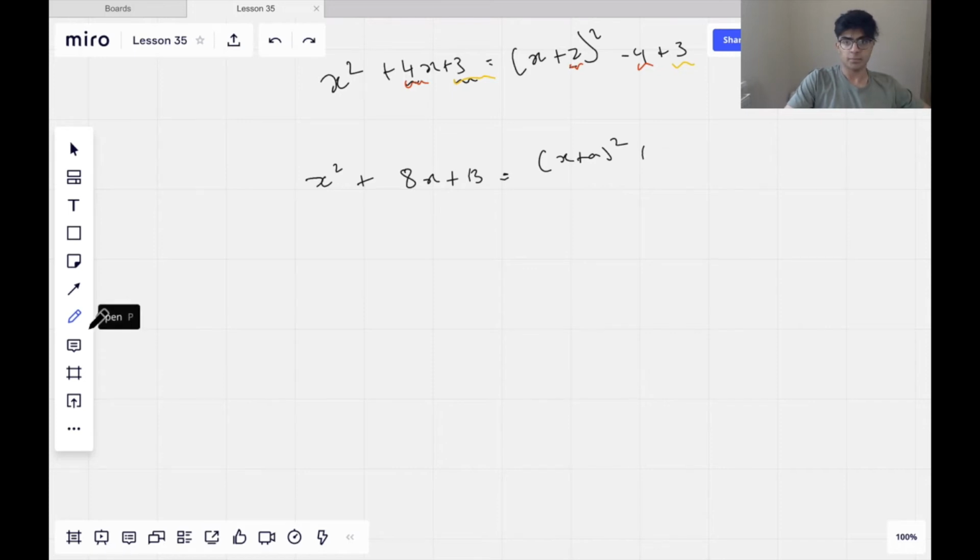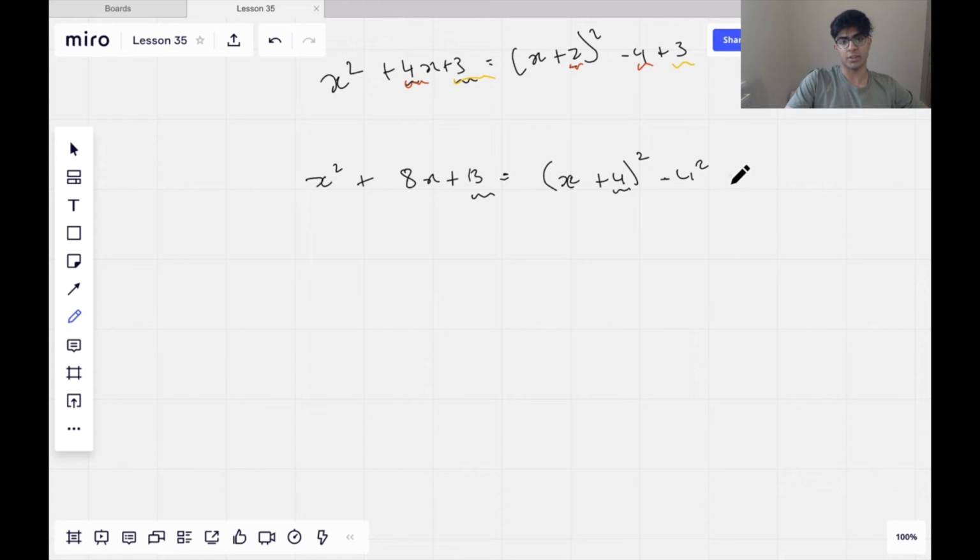Okay, so let's remember the algorithm. We keep the x here, then we half this term. Half of 8 is 4, so we do plus 4, square that. Then we minus this term here, minus that square, so we go minus 4 squared.